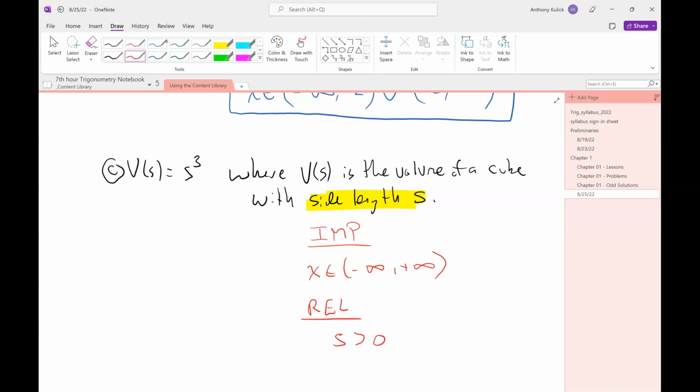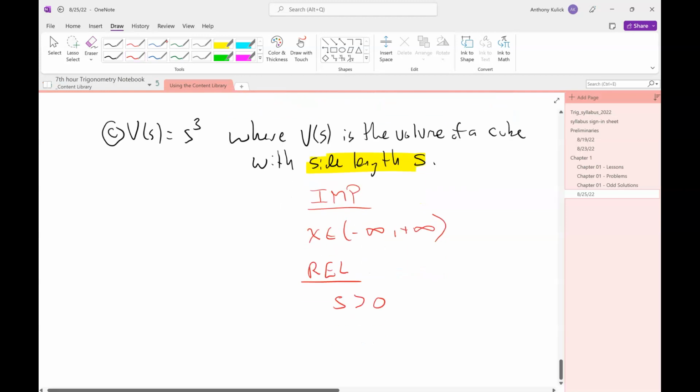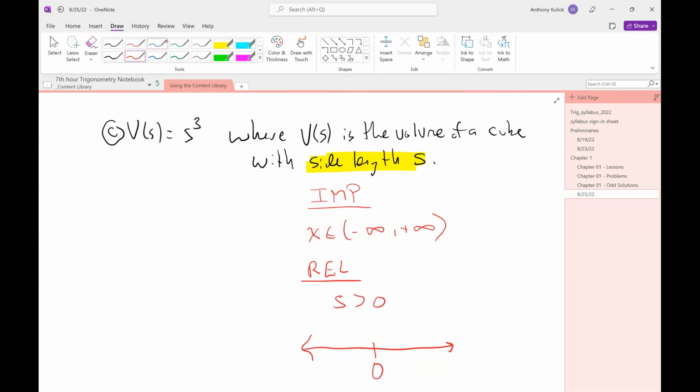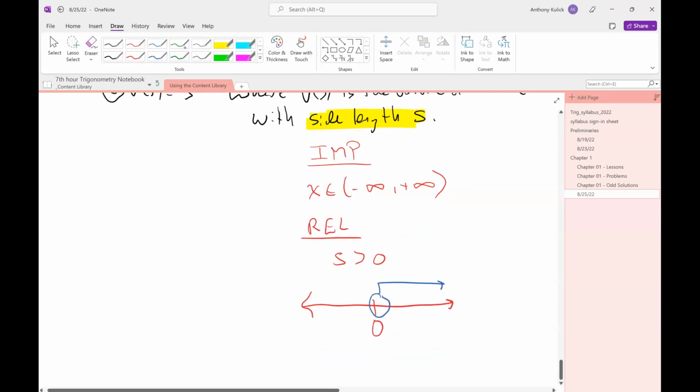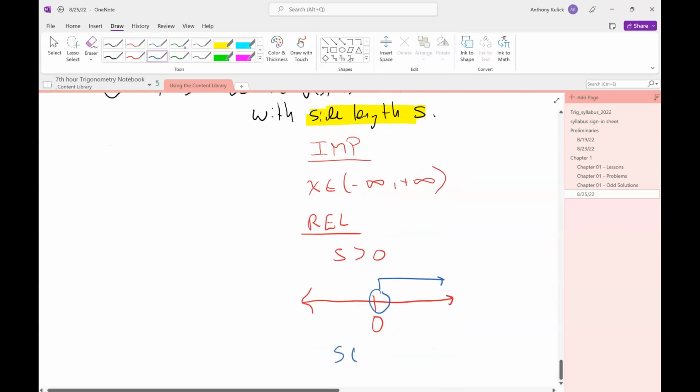You could also say greater than or equal to 0. I would mark either correct. Okay, so 0 not included, going to the right. So this is my relevant.